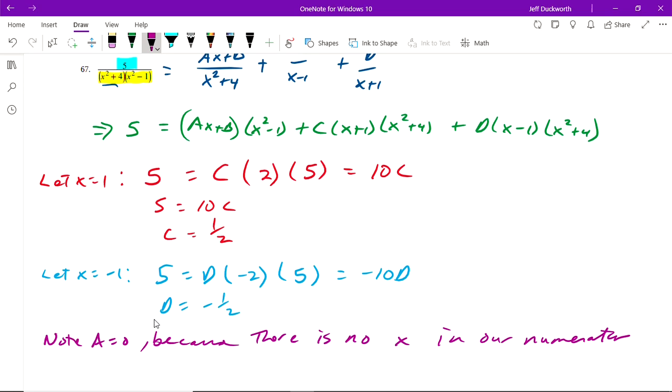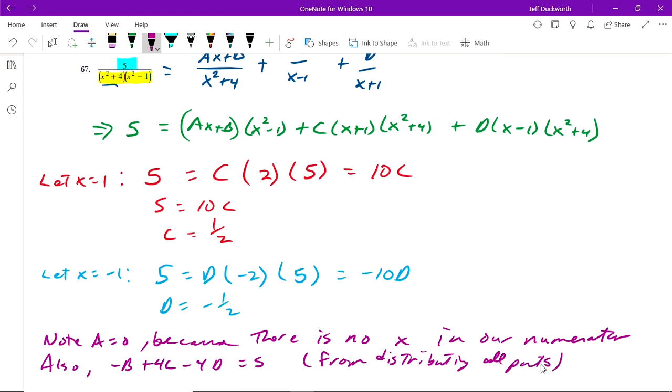All right, so what else do we know? We also should know this. We get negative b plus 4c minus 4d will equal 5. And this is from distributing all parts. And what do I mean by that?